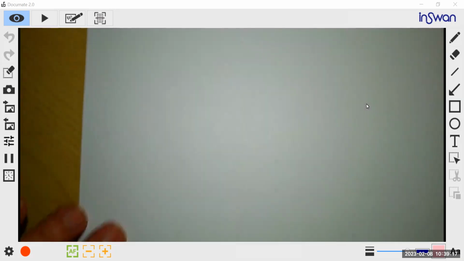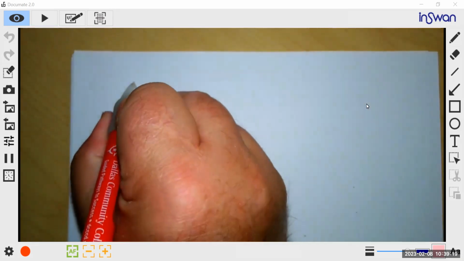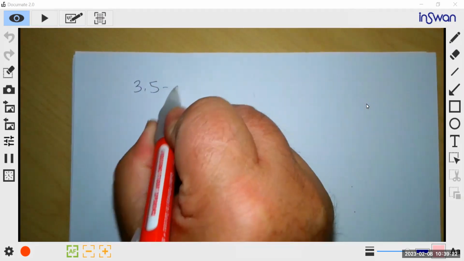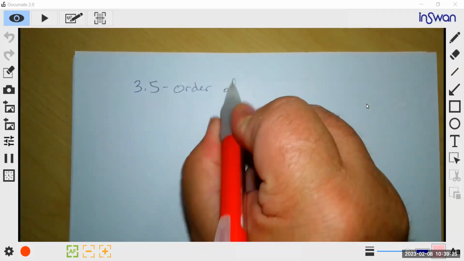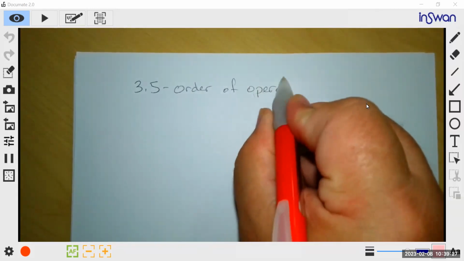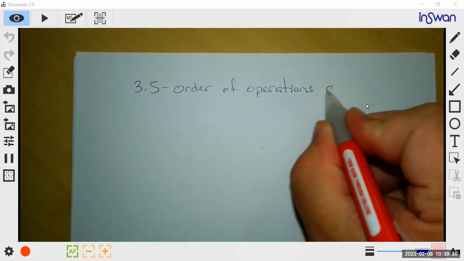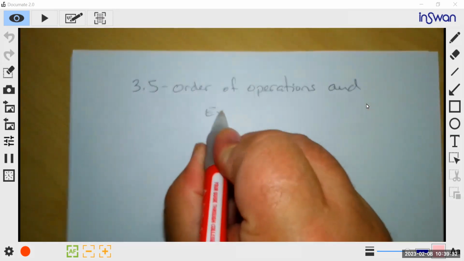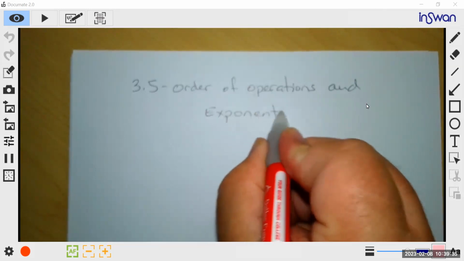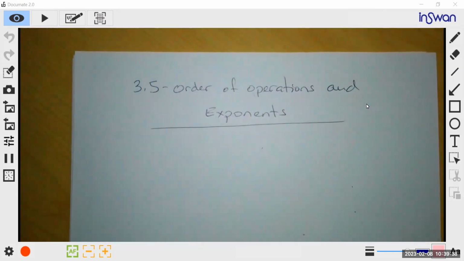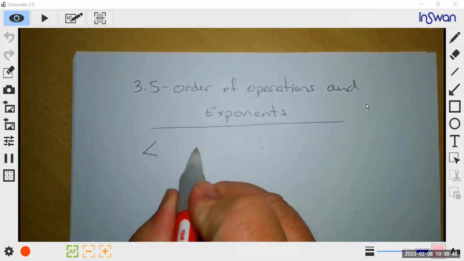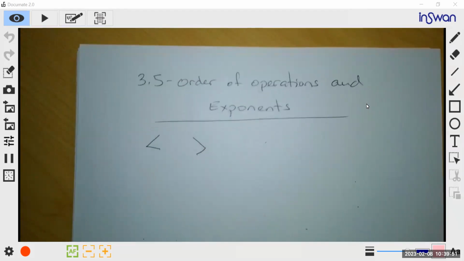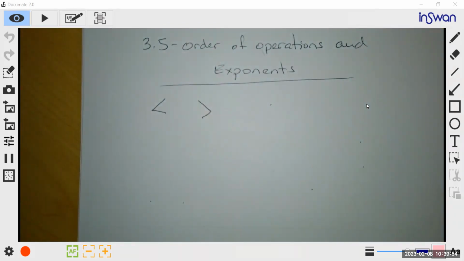All right, let's look at 3.5. Order of operations and exponents. Let's first look at what these two signs mean.